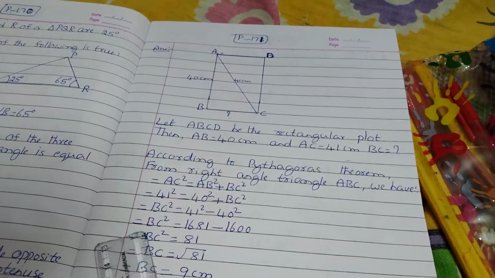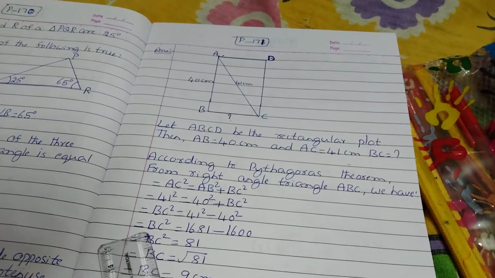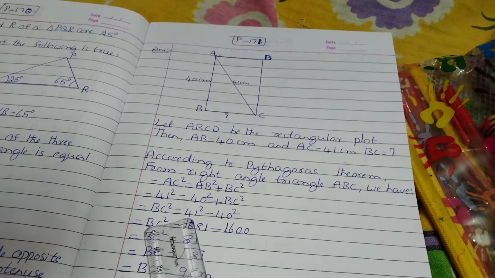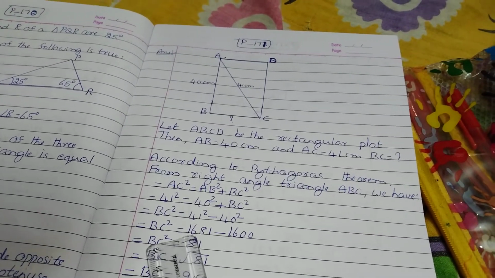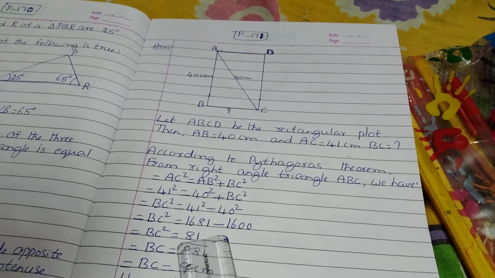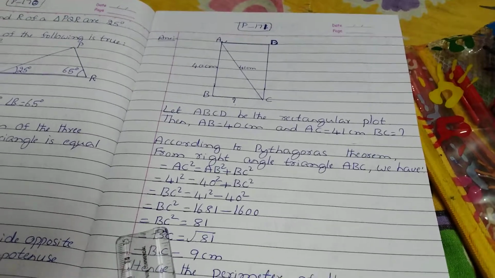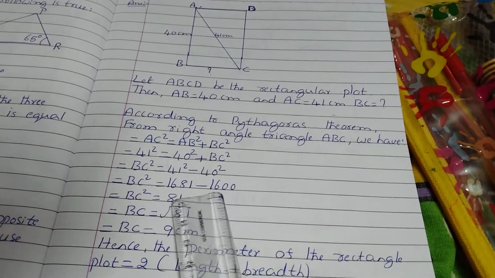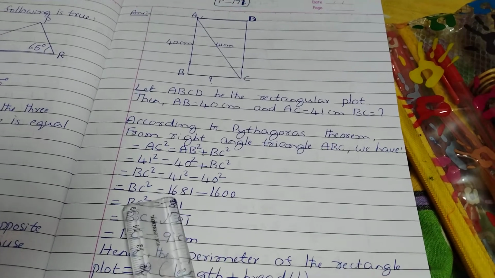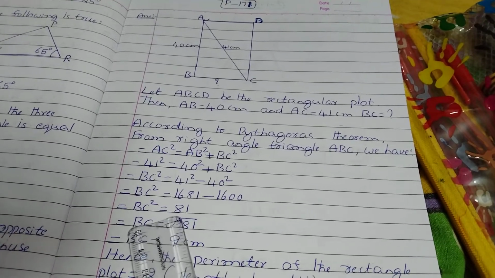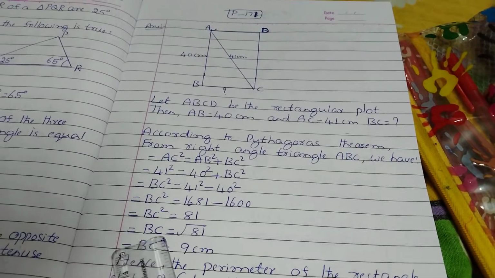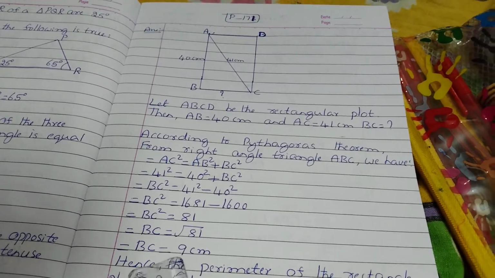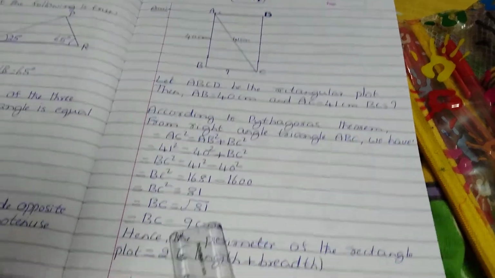When we multiply 41 into 41, it becomes 1681, minus 40 into 40, 1600. Subtracting, the difference is 81. So BC square is 81, and BC is square root of 81, which is 9 centimeter.